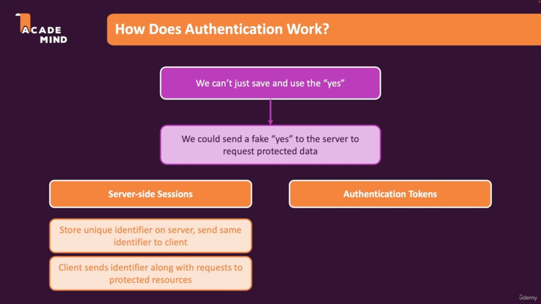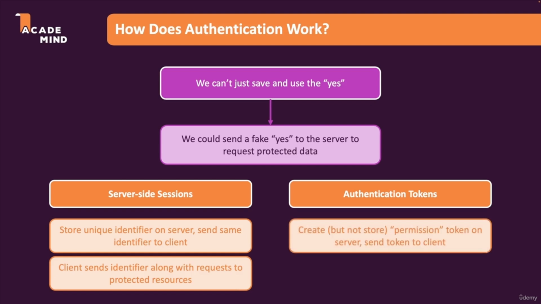The idea behind authentication tokens is that on the server, after a user was authenticated, so after a user sent a valid pair of credentials, for example, we create but don't store a permission token, which is basically a string that is created according to some algorithm and that includes some information.